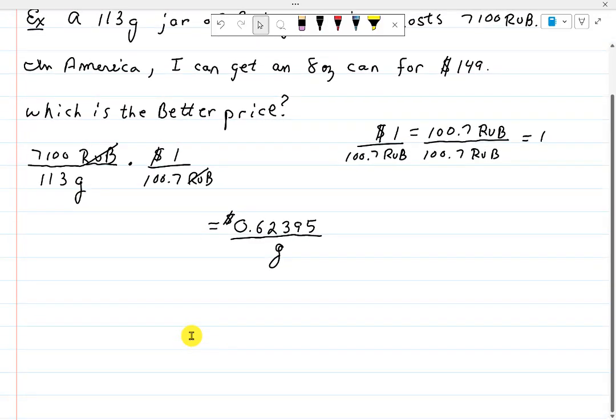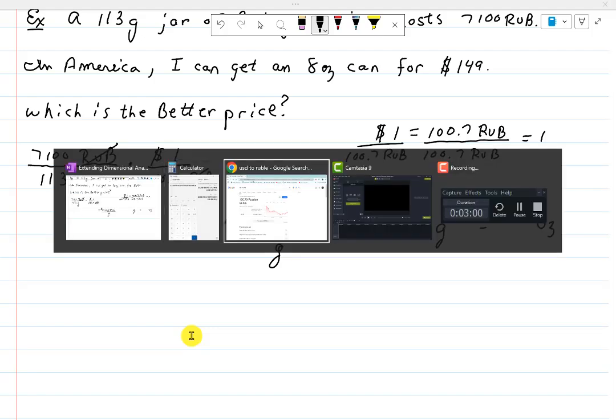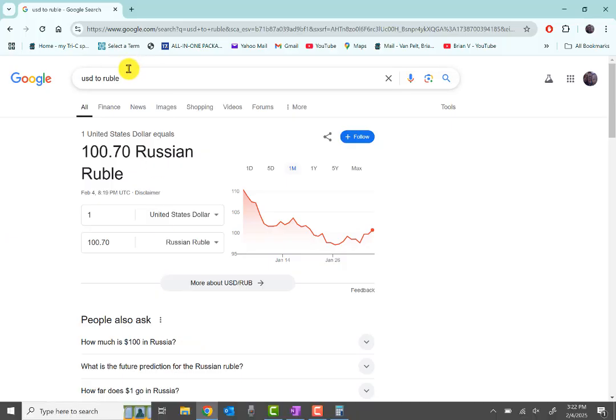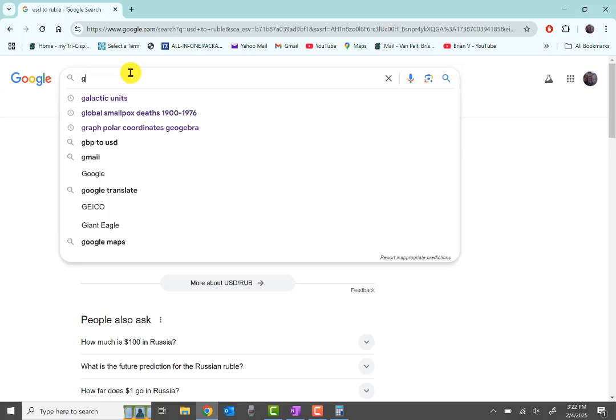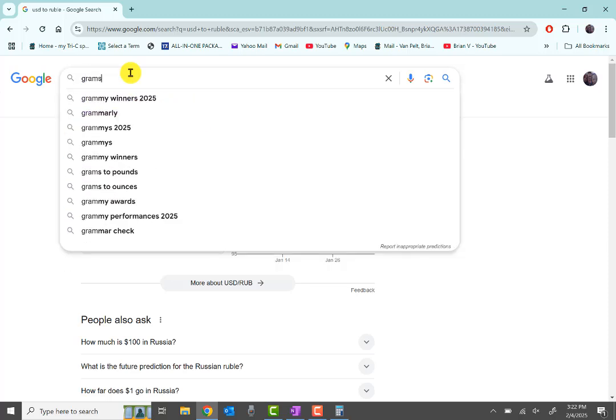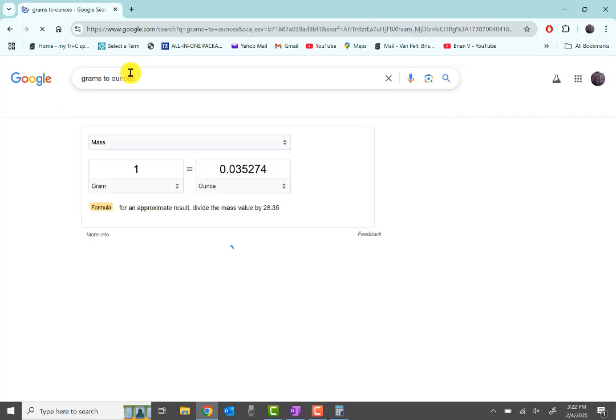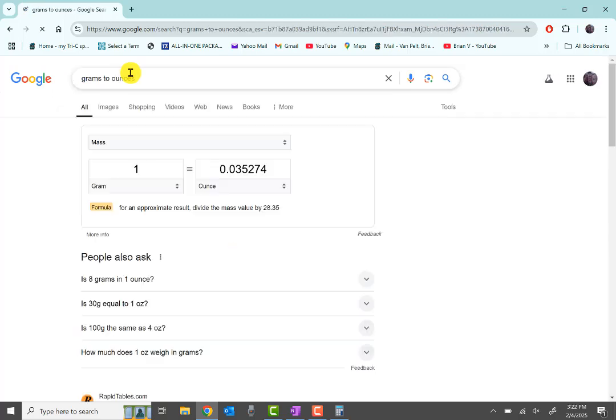All right, I still need to get myself to ounces. So let me find grams versus ounces. Grams to ounces, 1 ounce, I don't like it.